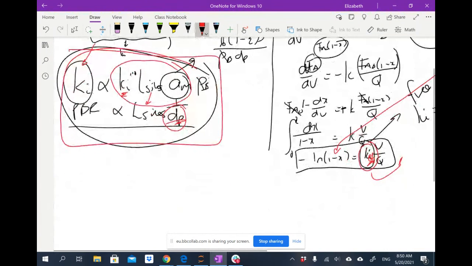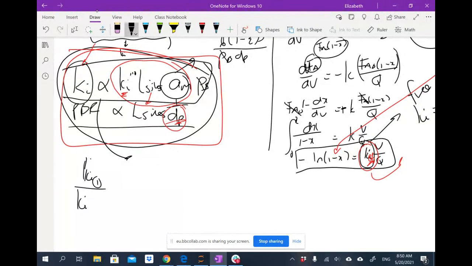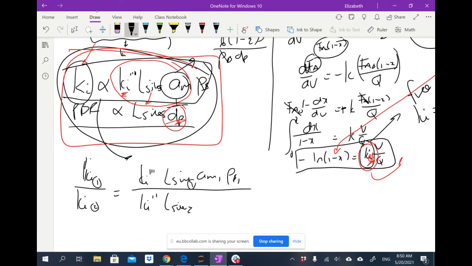But remember, when we prorate, if I, for instance, want to use that equation, I have Ki scenario 1 divided by Ki scenario 2, equals Ki triple dash, site loading, AM1, and rho bed 1, divided by Ki triple dash, L site, AM2, rho bed, scenario 2. All the stuff that I may not know will just cancel out.